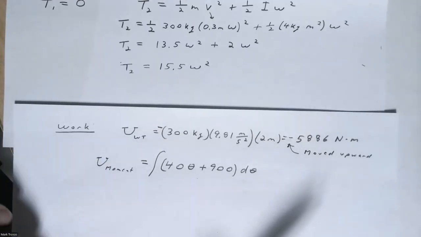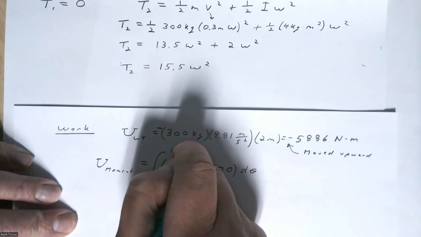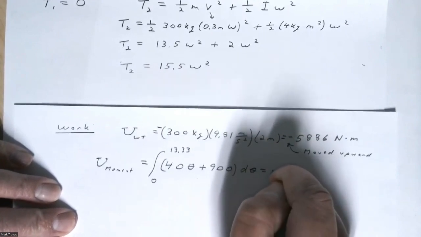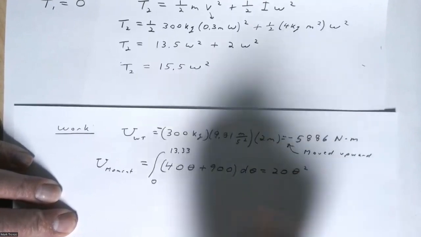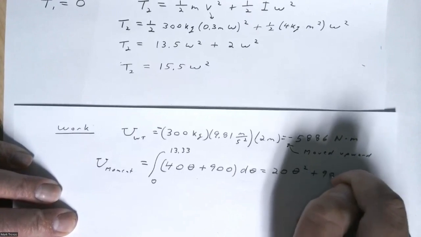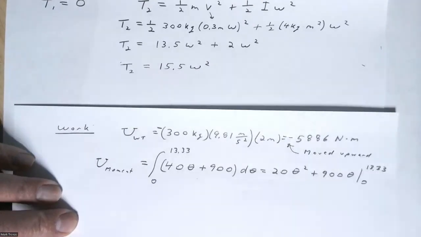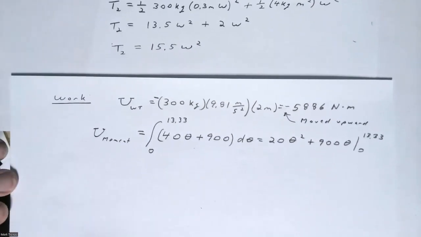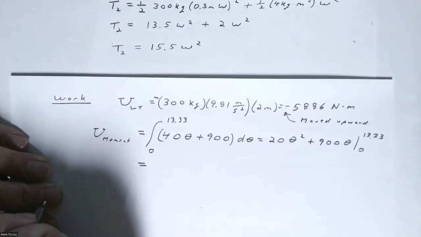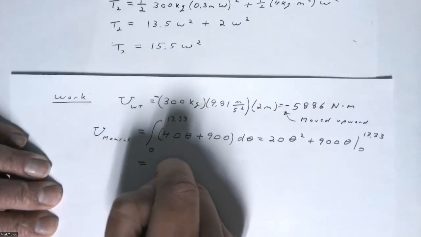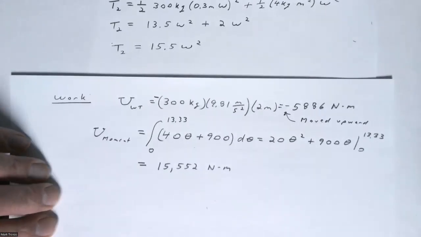So we want to find the work of the moment. It's going to be from theta equals 0 to theta equals 13.33. And if we make this theta squared, this would be 20 theta squared divided by 2 plus 900 theta, like that. And so the work of the moment, when you put this into your calculator, it's about 15,552 Newton meters, like that.